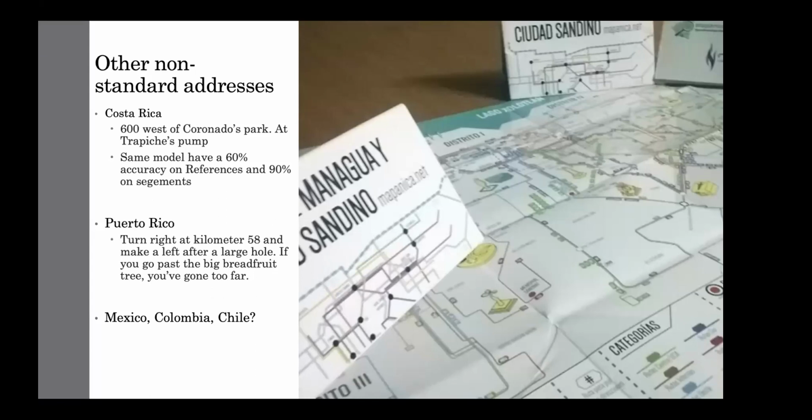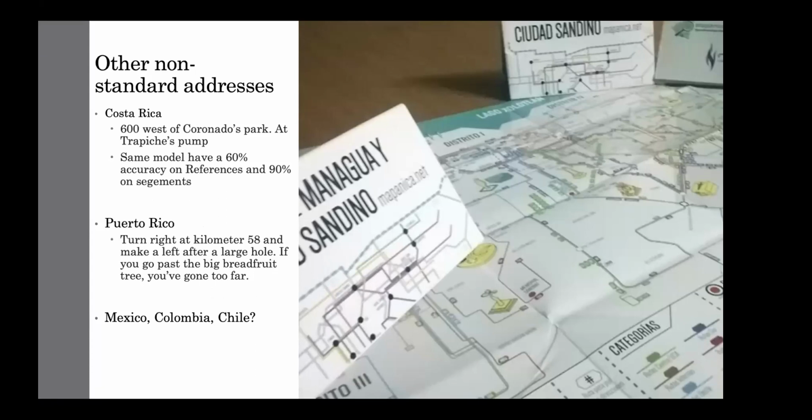And also there are other instances where addresses are not like the standard one, but are more similar to these descriptive addresses, like the one used in Puerto Rico. It's difficult to find addresses that use this in official sources, but I understand that they are very commonly used in Puerto Rico as well.